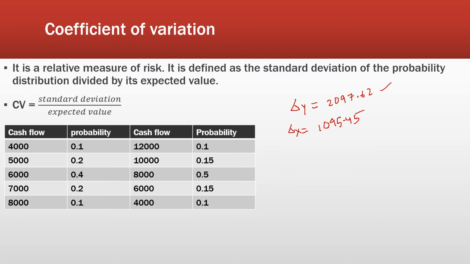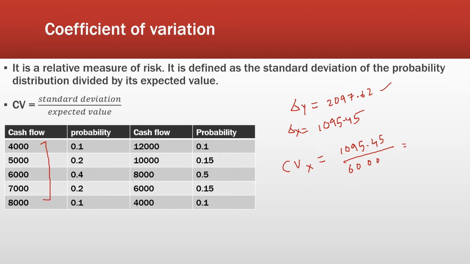Now we will find the coefficient of variation to solve this issue. The coefficient of variation for project X is given by the standard deviation, that is 1095.45, divided by the expected value, or the mean value. Here the mean value, that is we add them and divide by the number of terms, that is 5, we get 6000.